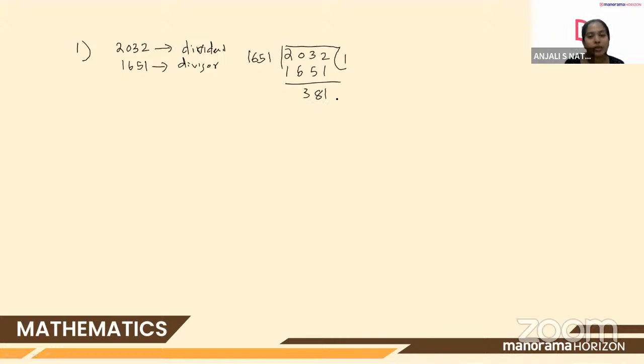Check the remainder, which is not equal to 0. So then what do we have to do? Look at the divisor and the remainder. The divisor is greater than the remainder. So in the next step, take this divisor as dividend and the remainder as divisor.